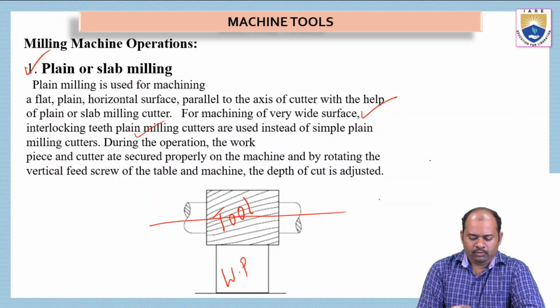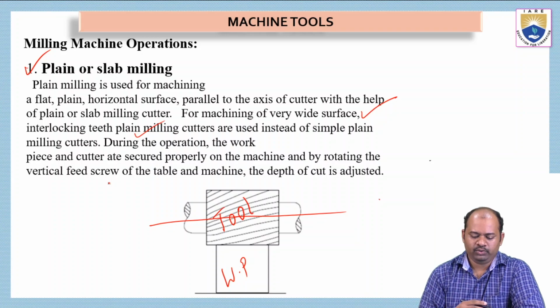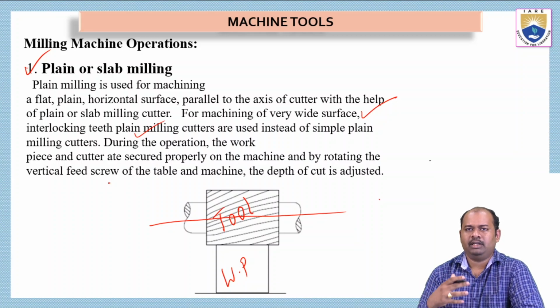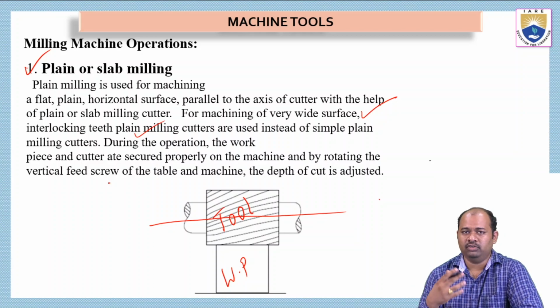Whenever we are doing the milling operation on a particular workpiece, we have to see that the workpiece and cutter, that means the tool, are both properly and securely aligned, so that while rotating at higher speeds, the tool should not come out of the spindle or the workpiece, and the tool and workpiece should not collide so that vibrations are formed. Sometimes the tool may be broken or the workpiece itself is damaged. So we have to make sure that both the tool and the workpiece are secured properly.